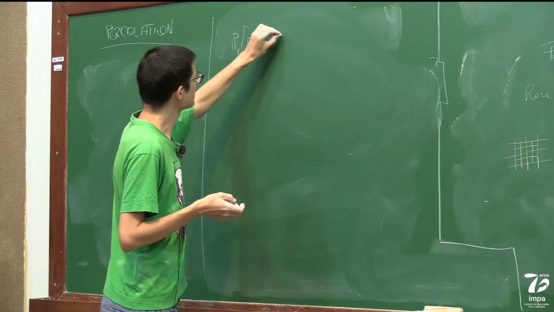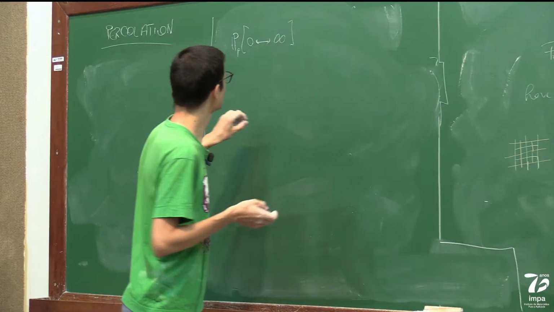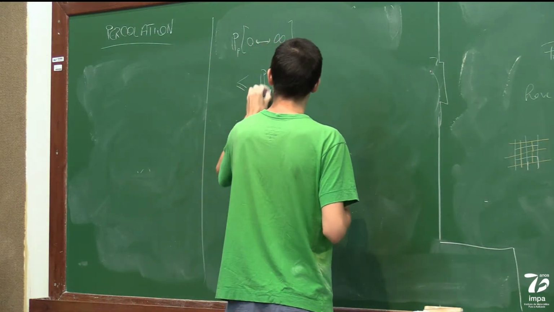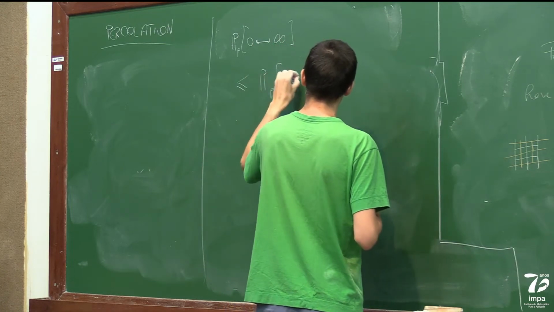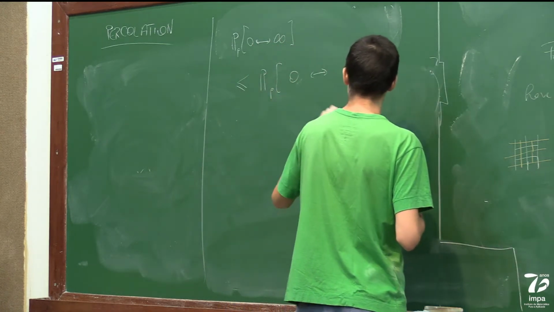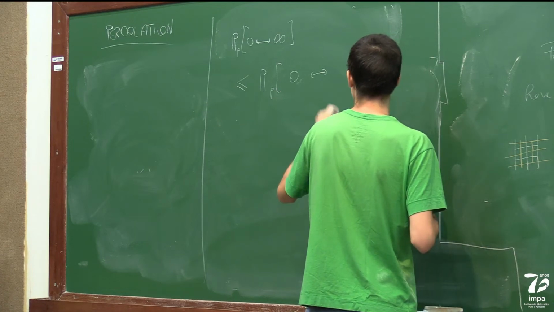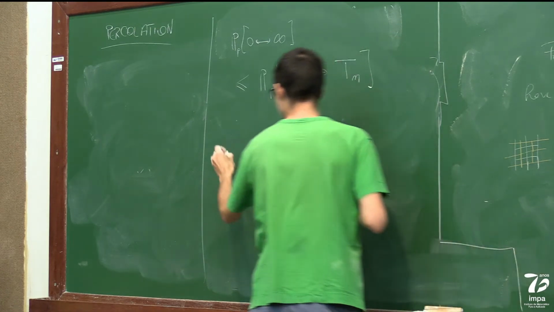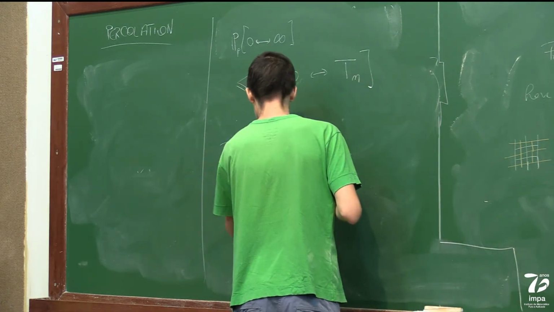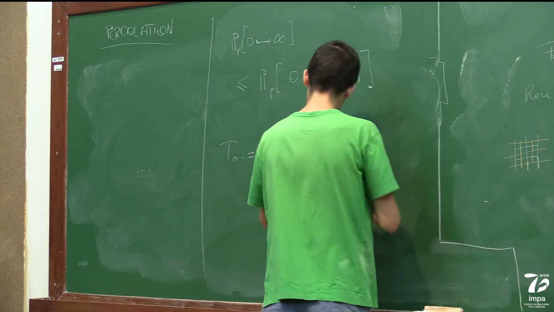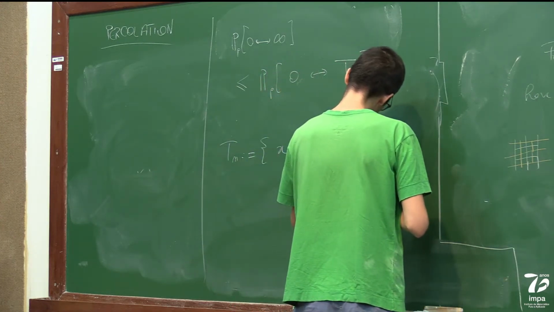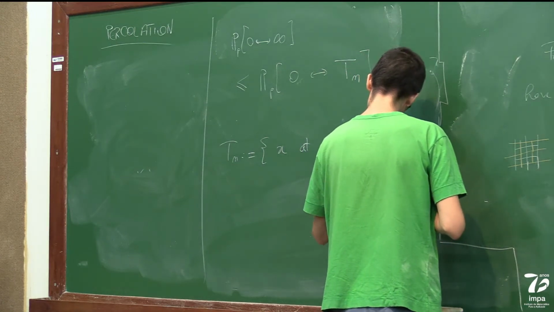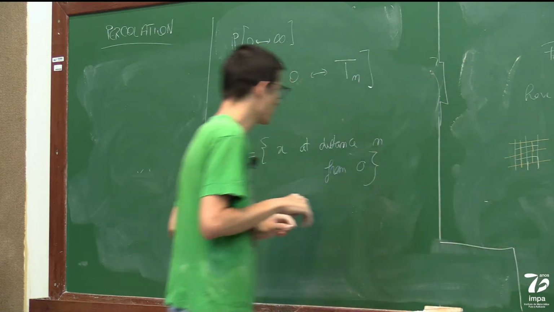The probability that 0 is connected to infinity is smaller than the probability that 0 is connected to what I will call T_n, where T_n is the set of x at distance n from 0.